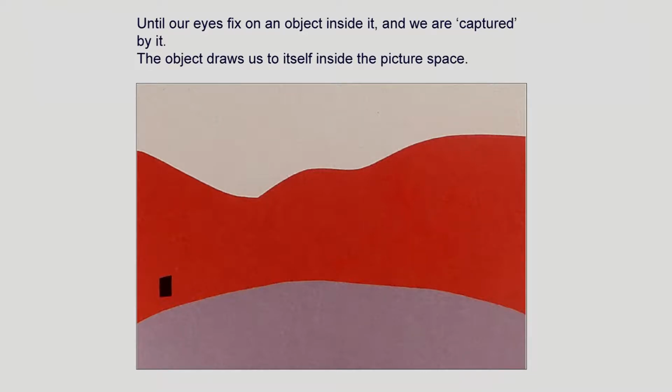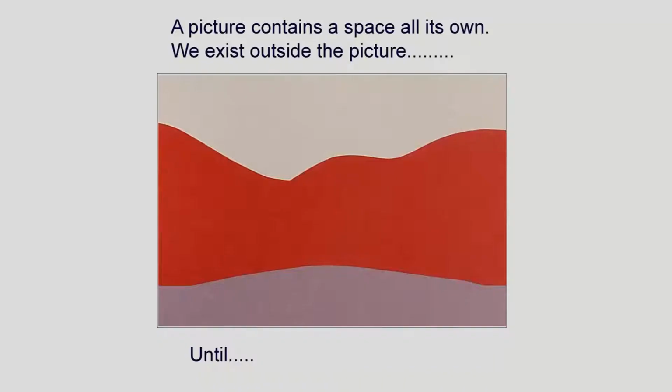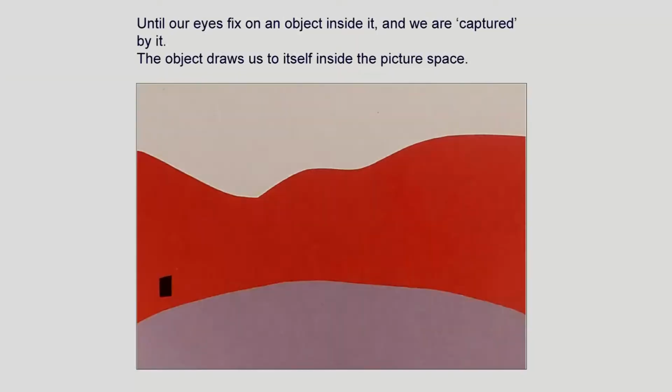It is at this moment that we also become a part of the painting, because the object draws us to itself inside the picture space. So when you compare the previous one without any object with this one with an object, you can see there is a stark contrast in terms of how we find ourselves positioned vis-a-vis the composition.